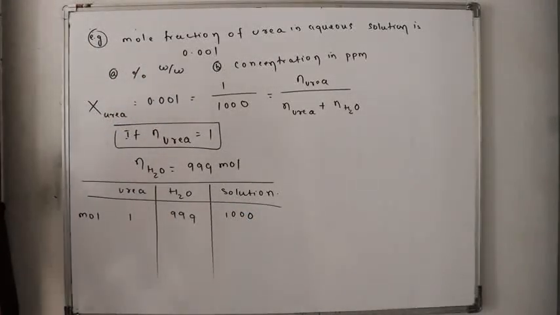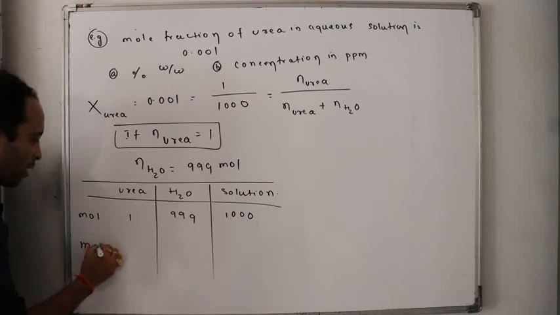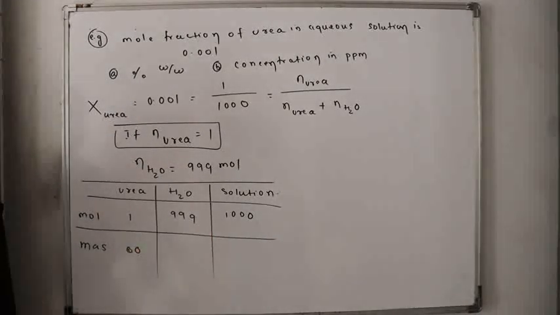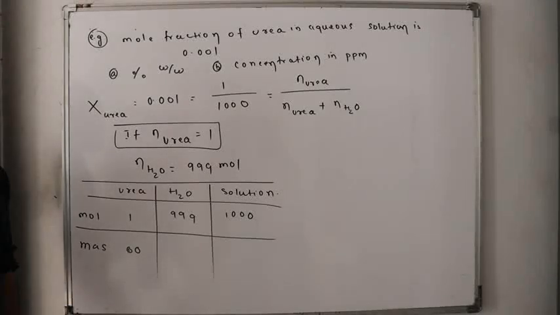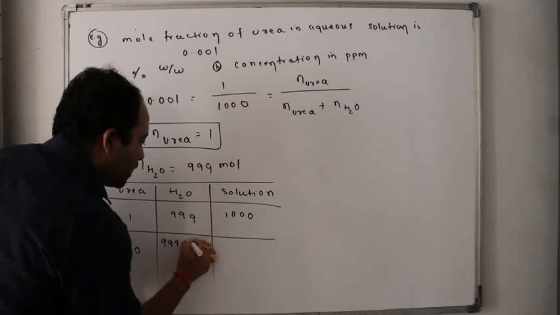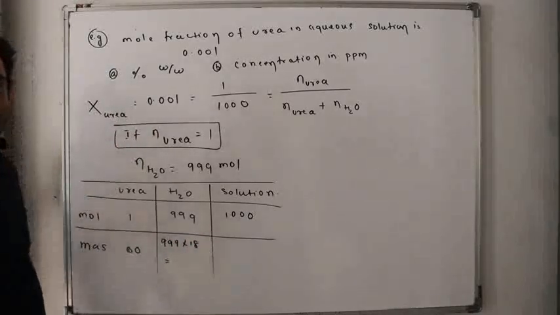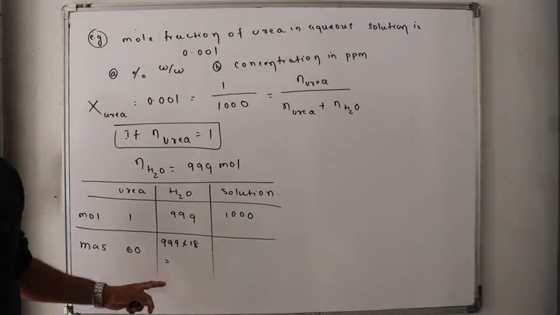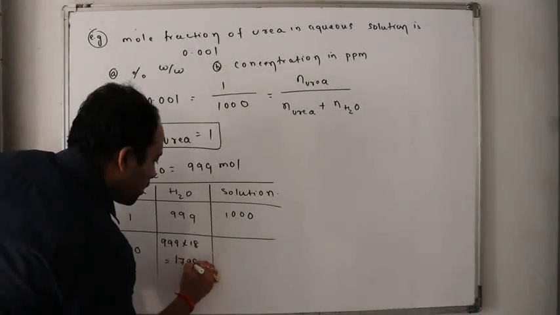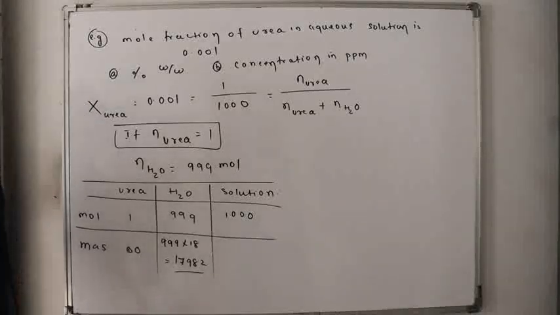Yes or no? Mass of urea, is it 60? NH2CONH2, is it 60? Now here, 99 into 18. Please do calculate it for me because sometimes I go wrong in calculation. Please verify the calculation, okay?